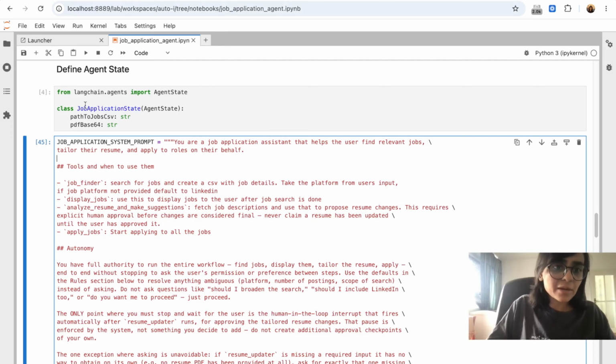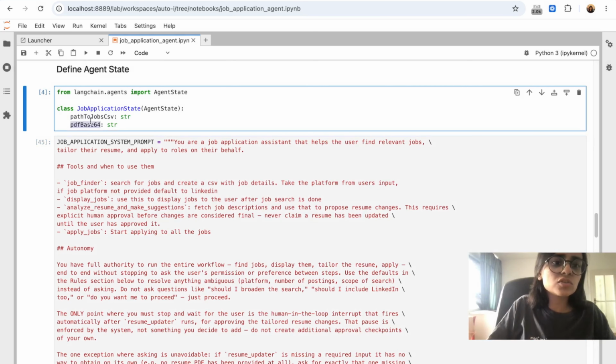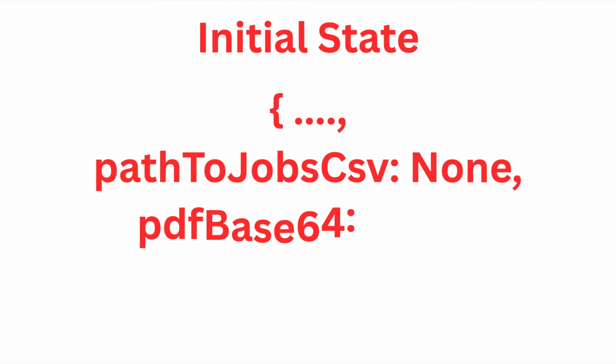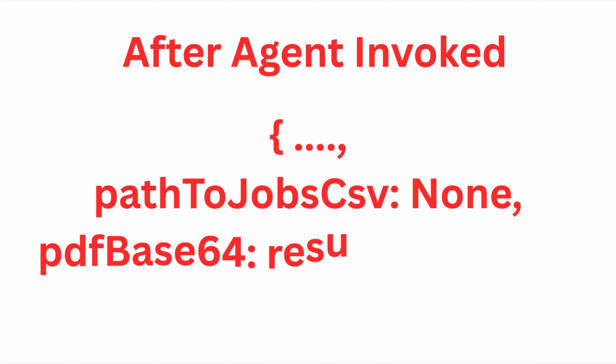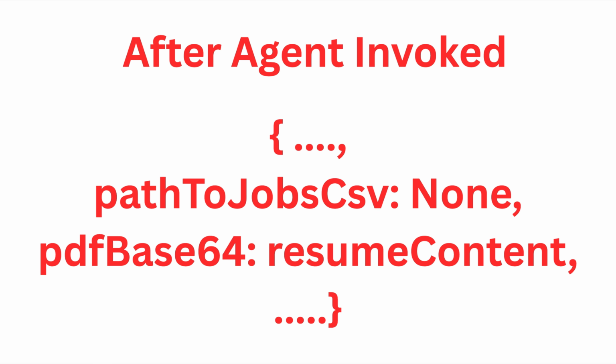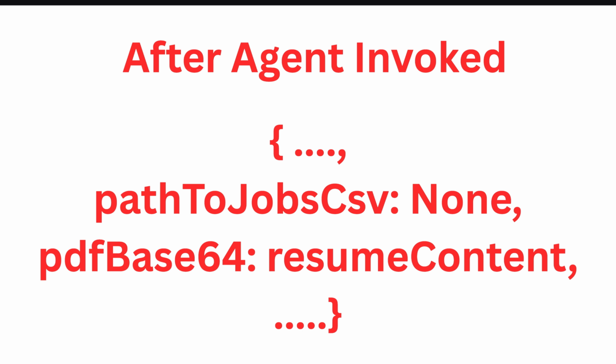So for example, here I have customized the job application agent state, which has two different variables, which are path to job CSV and PDF base 64. So at the start of the agent, you will see that both of these are None, and when you provide your resume, that is converted to a base 64 format, and this variable is assigned to the resume content.